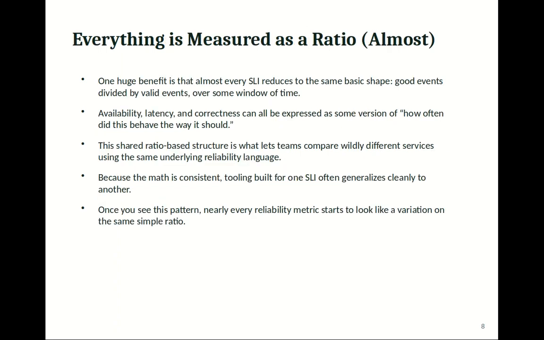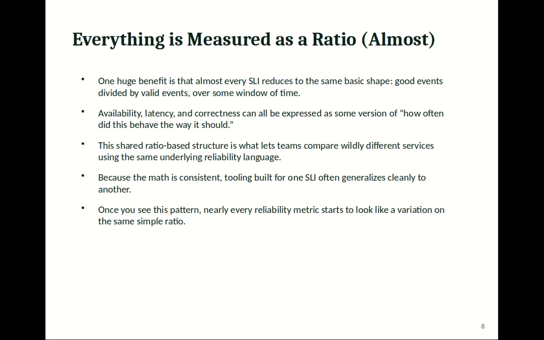Everything is measured as a ratio, almost. One huge benefit is that almost every SLI reduces to the same basic shape: good events divided by valid events over some window of time. Availability, latency, and correctness can all be expressed as some version of how often did this behave the way it should.